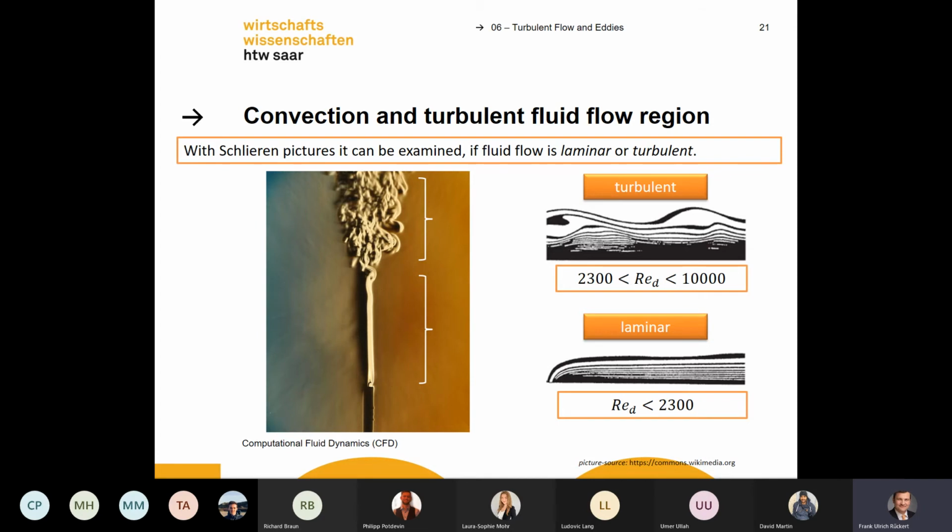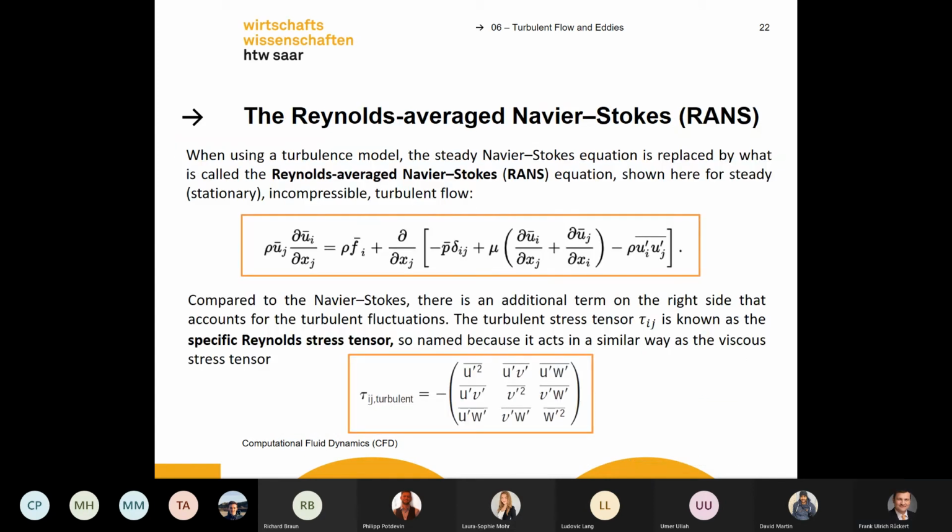Now, how can we describe this flow behavior mathematically, this swirling region? To describe it, you can formulate the so-called Reynolds averaged Navier-Stokes equations. And you already know the Navier-Stokes equations.